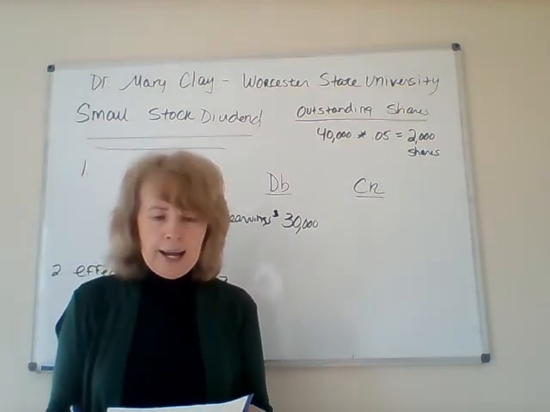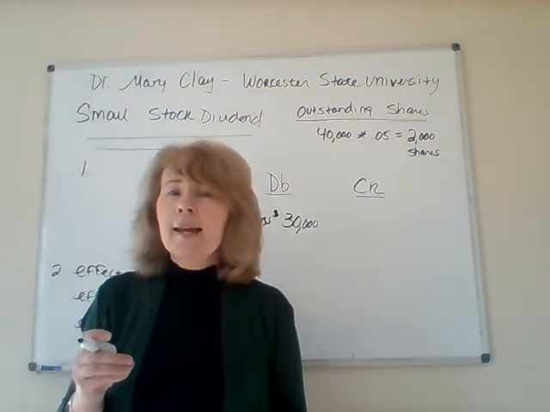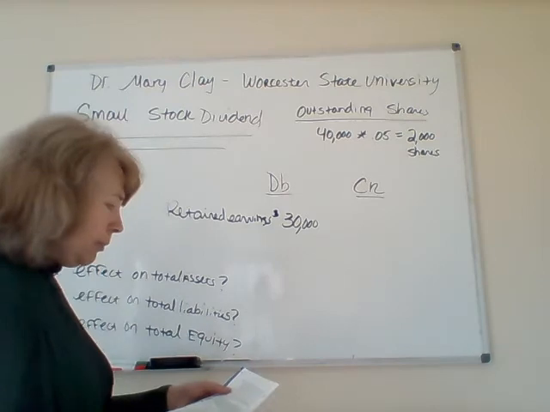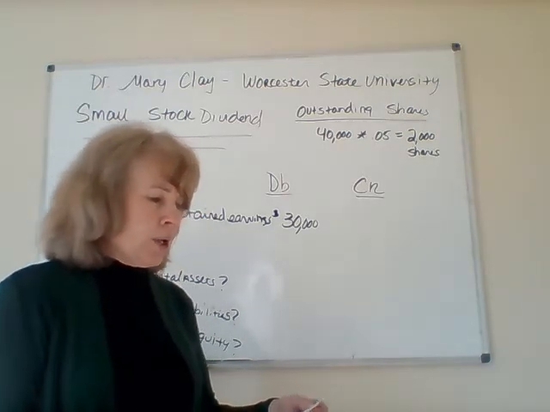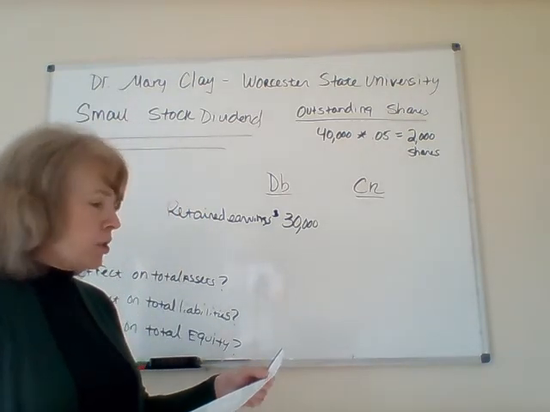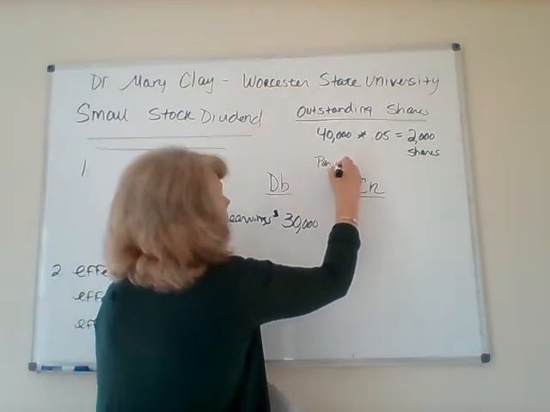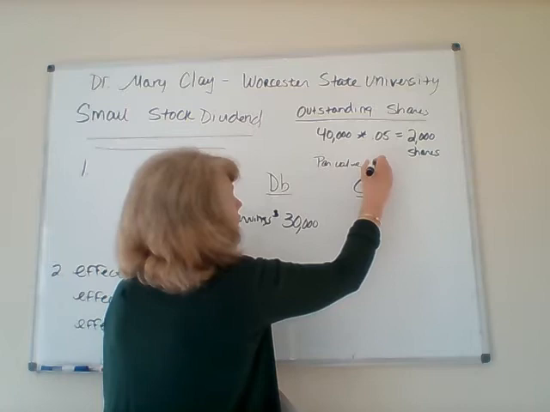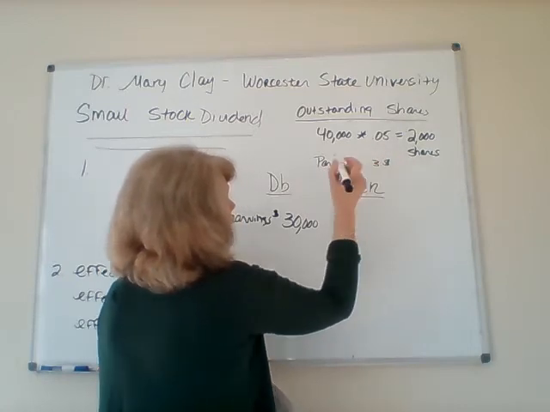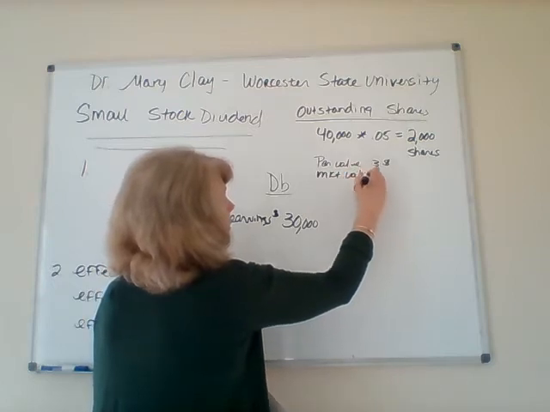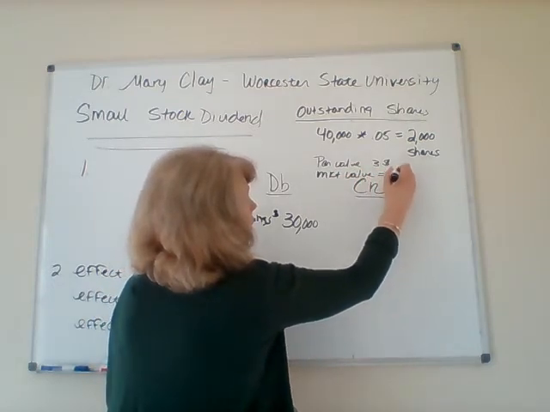Okay, now I go back to the problem. Same technique as for regular common stock. I look in the problem, what is the par value? The par value for the common stock is $3. Remember, the market value of the stock equals $15.